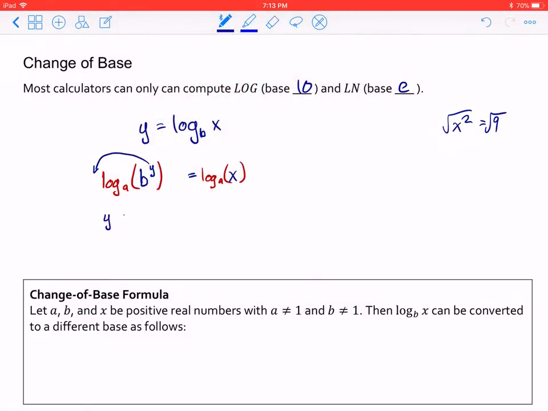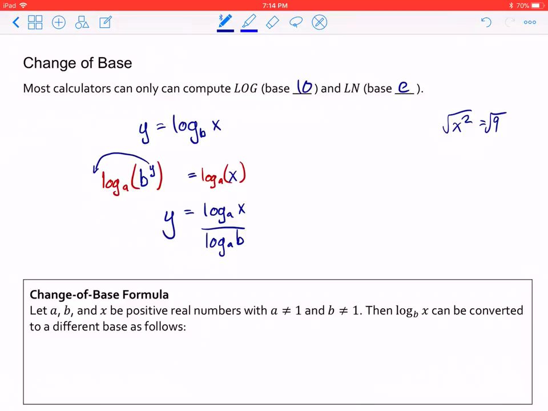It means power rule, so it's y times log base a of b is equal to log base a of x. And then, hey, I can solve for y again, by just dividing both sides by log base a of b. And then we have simply that y is equal to log base a of x divided by log base a of b.